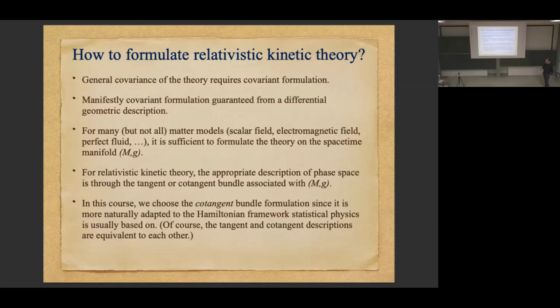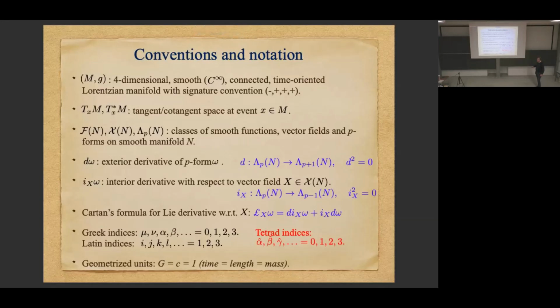As I said before, in this course I will put emphasis on the cotangent bundle, where the momentum is regarded as, you think about the canonical momentum, which is a covector, and then this leads you to the cotangent bundle. All right, so a few conventions and notation before we start.